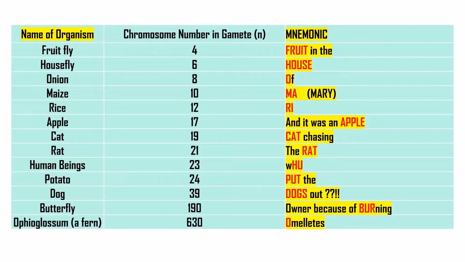Then dogs, and then from burning we have butterfly, and from omelets we have the first letter, which stands for Ophioglossum. Now that's the mnemonic. From fruit we have stopped at omelets, and that's how we are going to write down the names of the organisms. Now we are going to see how to remember the gamete number.